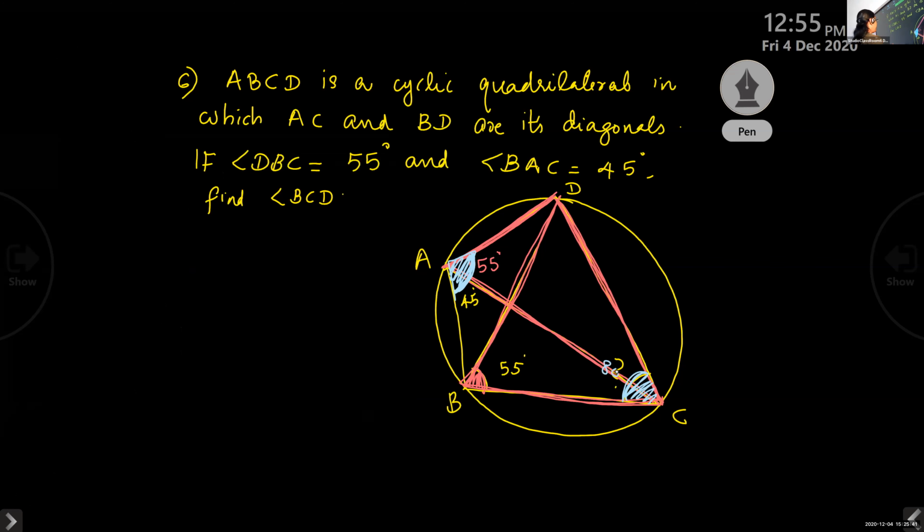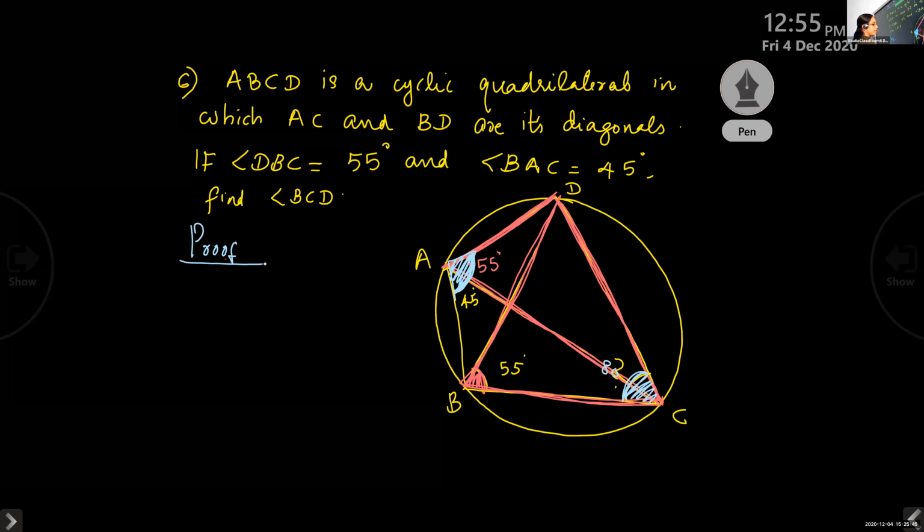Clear, children? Shall we write the proof now? Angle CAD equal to 55 itself. This is the most important part, because angles in the same segment are equal.